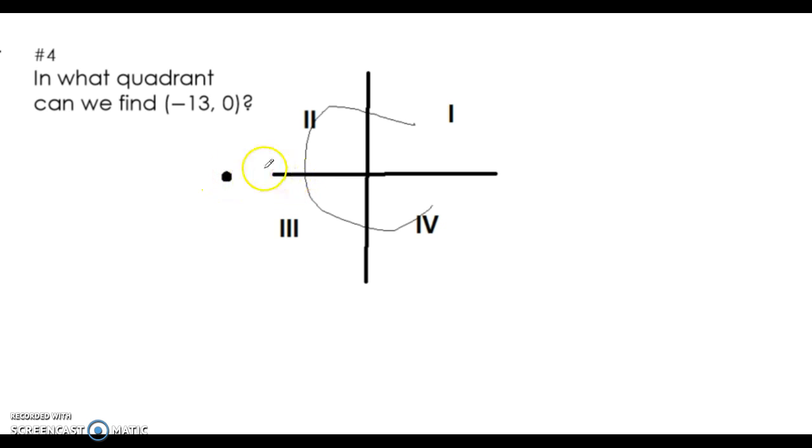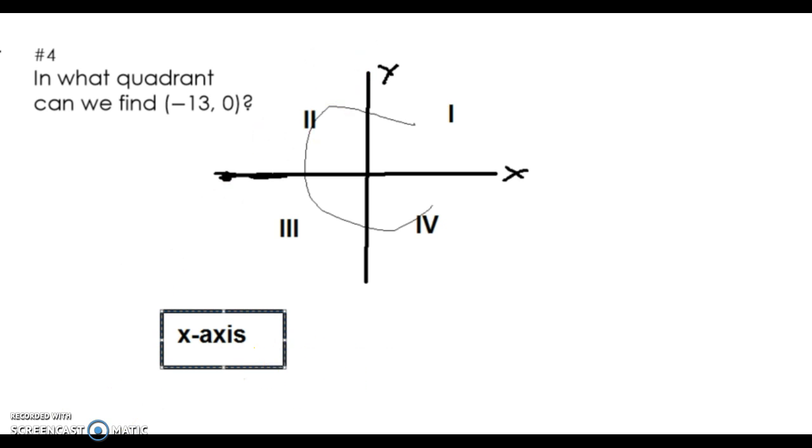I would stay here. So what quadrant is that? Is that 2 or 3, right? Because it's like right here. Well, it's on neither, because we have our x-axis and our y-axis. And this is on our actual x-axis. Trick question.